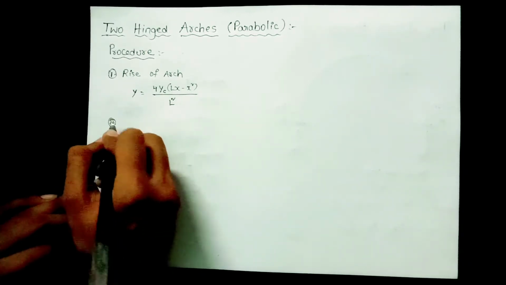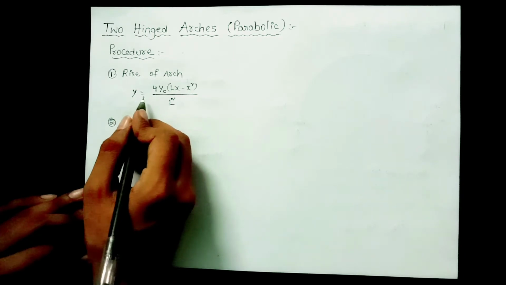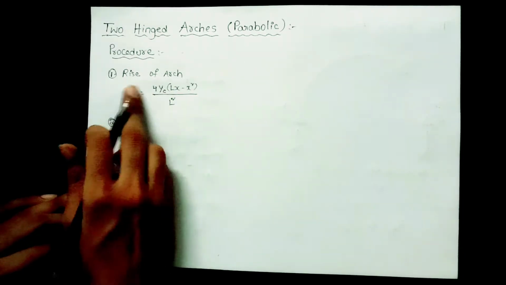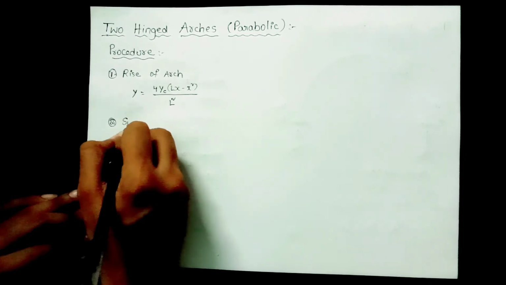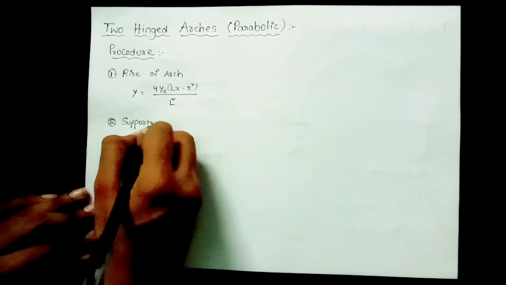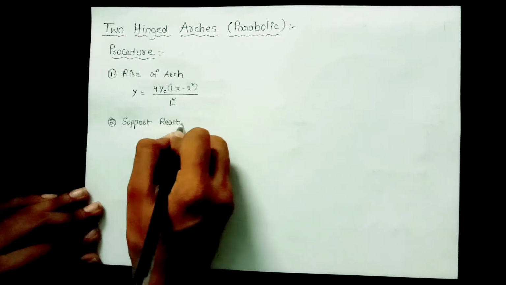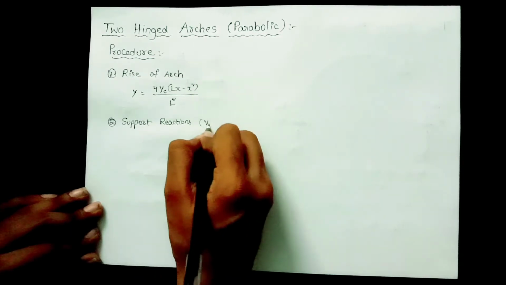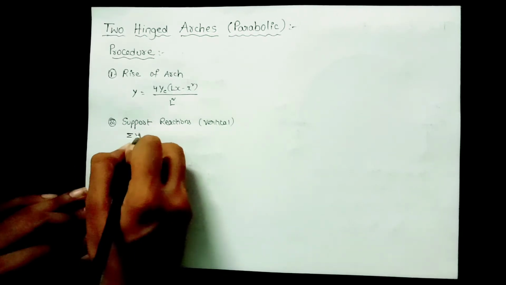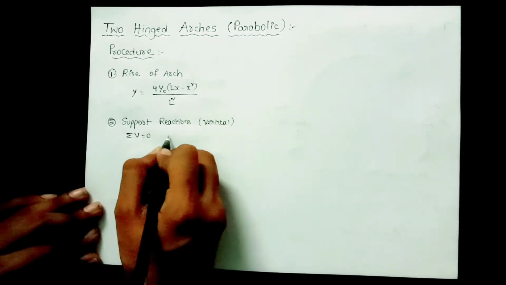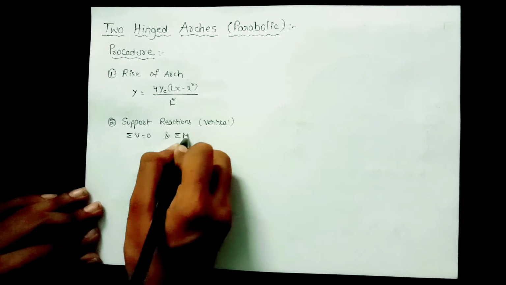After calculating the rise of arch at the required points, the next step is to calculate the support reactions, I mean only the vertical ones. Vertical reactions can be easily calculated by using the equilibrium equations sigma v equal to 0 and sigma m equal to 0.